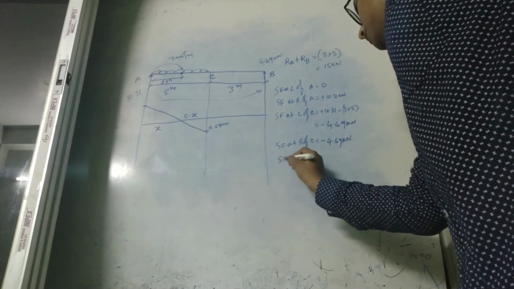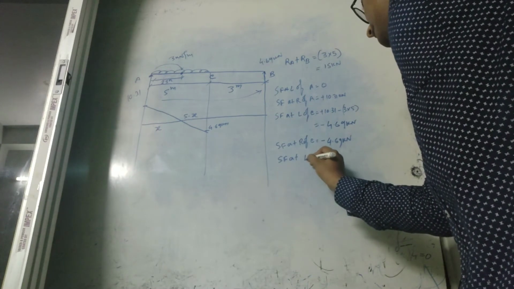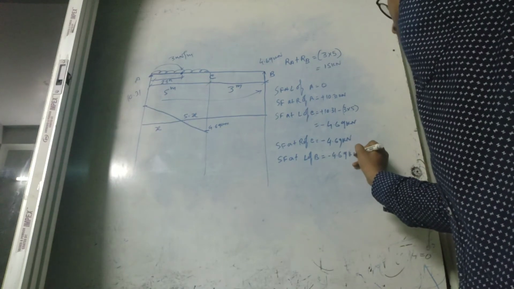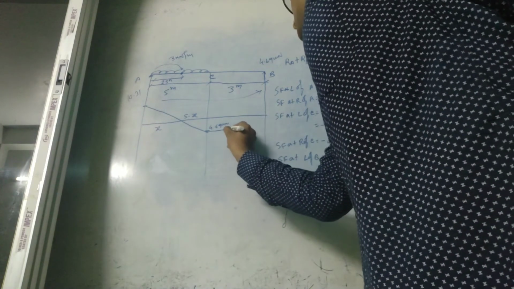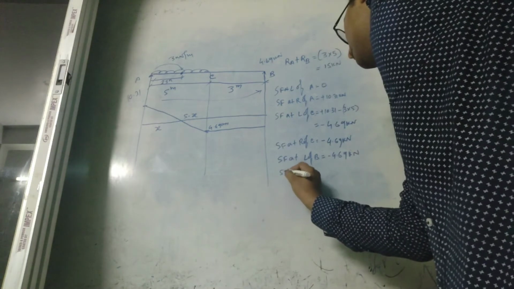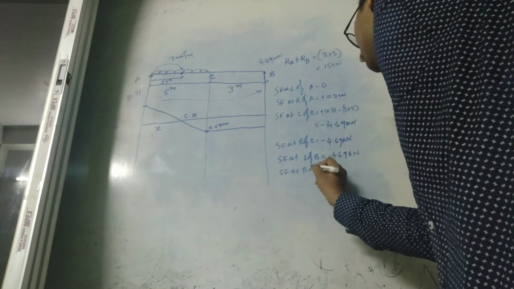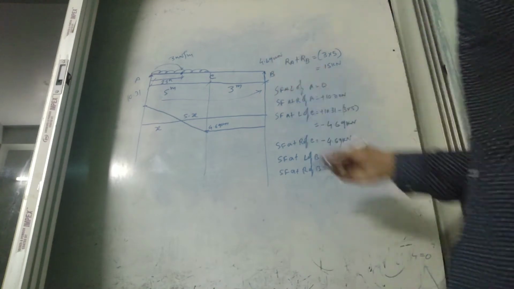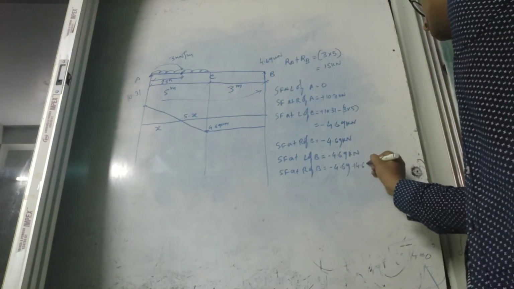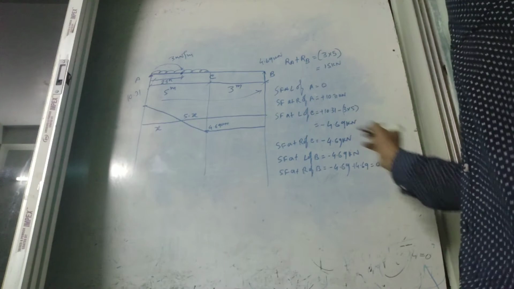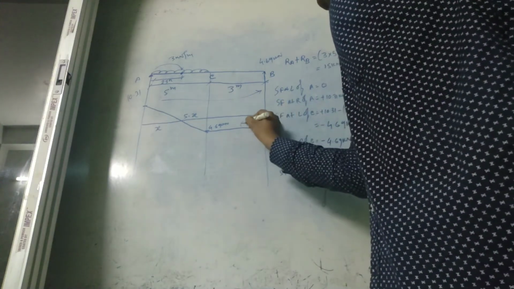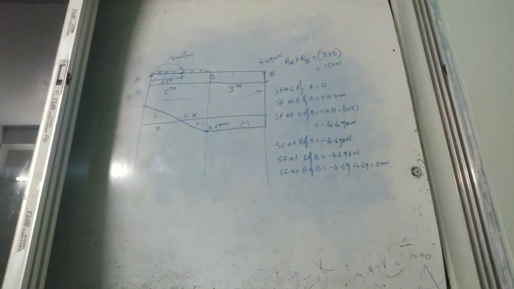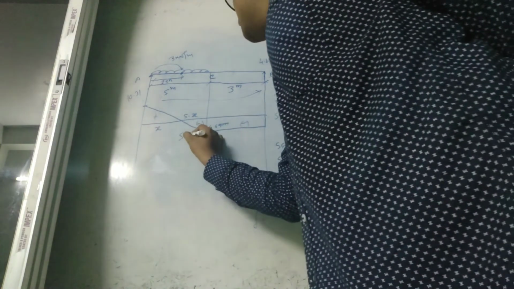Now shear force at left of B equals minus 4.69. Shear force at right of B equals minus 4.69, and here plus 4.69 equals 0 kilonewton. Then our math is okay. This is minus, this is minus, this is plus. This is our shear force diagram.